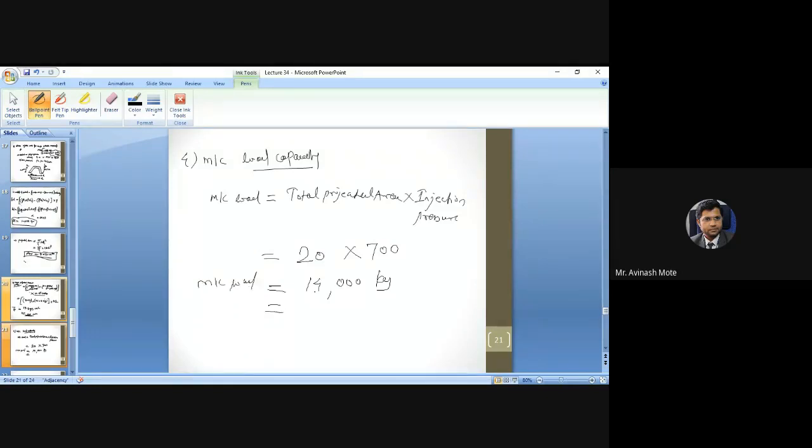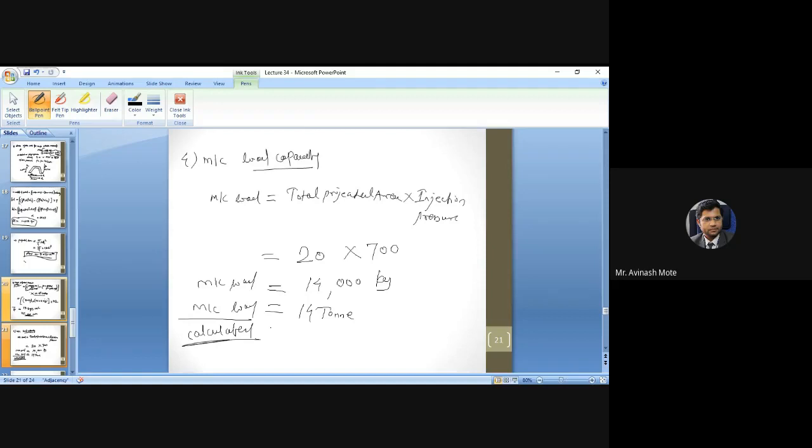Generally, higher numbers are converted to the upper limit. Machine capacities are calculated in terms of tons and not kgs. Smaller ones can be considered in kgs, but higher ones are in tons. So it will be around 14 ton. This is the calculated machine load capacity.